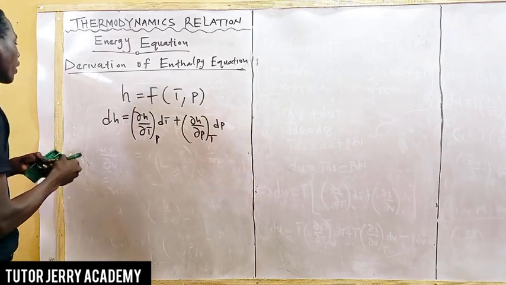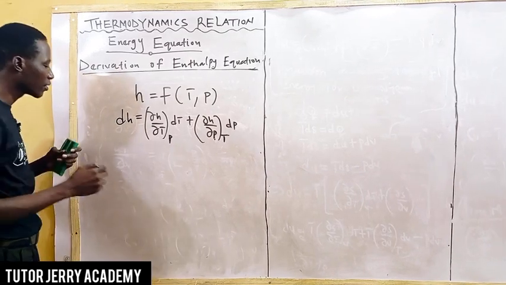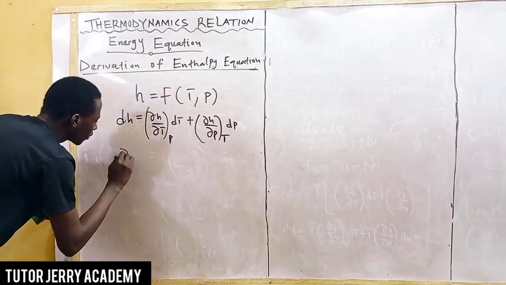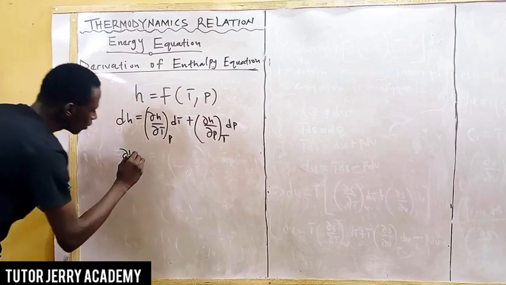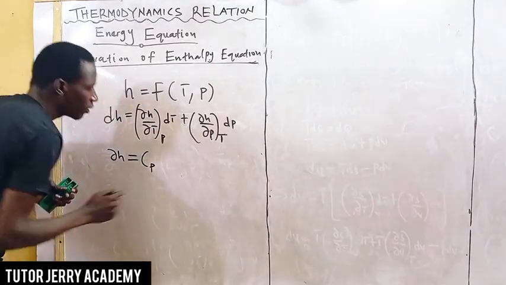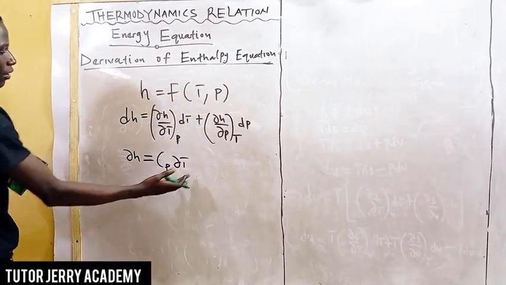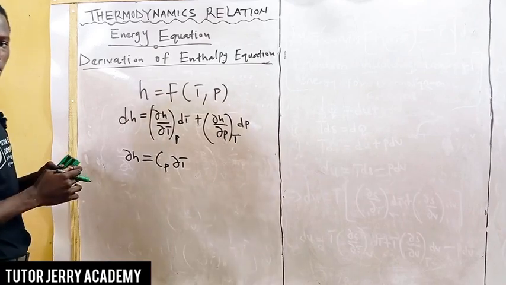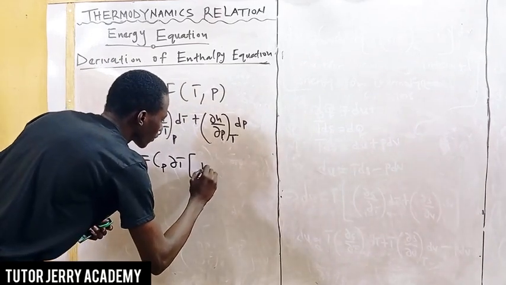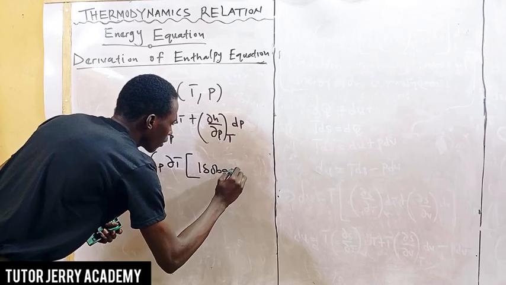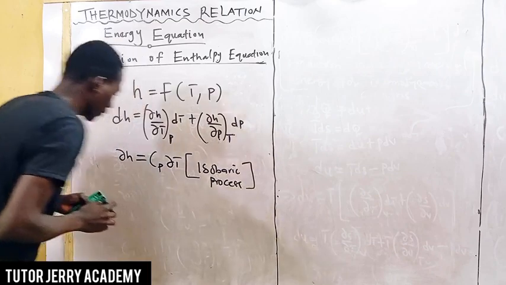Next, from our basic understanding of thermodynamics, we know that the change, that is dH, is equal to Cp, which is the heat capacity at constant pressure, multiplied by dT. This is for an isobaric process.